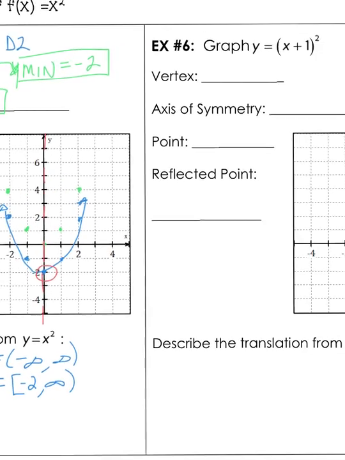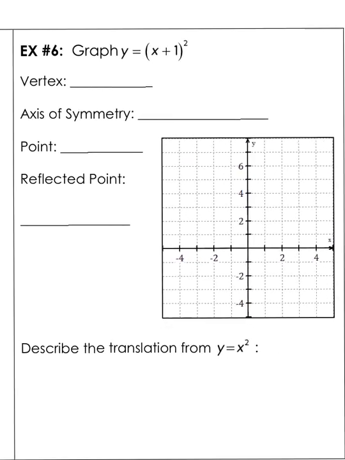Okay, look at number 6. Number 6, I would like you to try on your own. Figure out what transformation is occurring here. Plot the parent function points and move it. Okay. Because we have something being added inside the function, it is the opposite of what you think it would be. So we are going to go left 1.